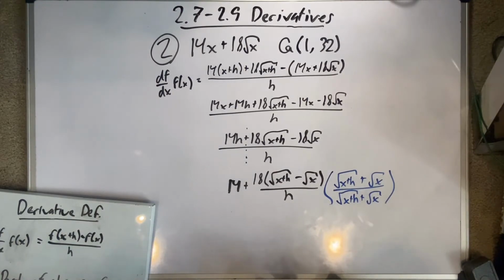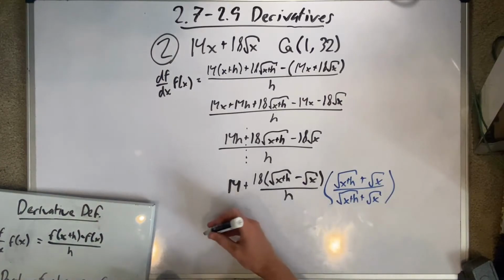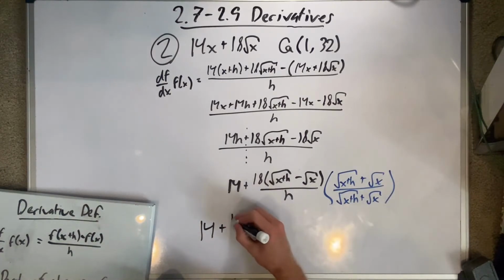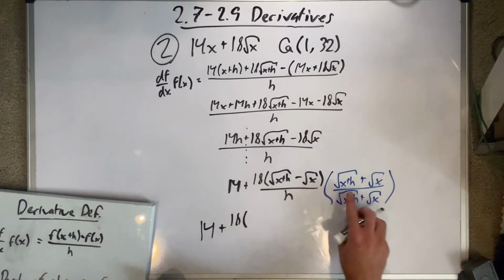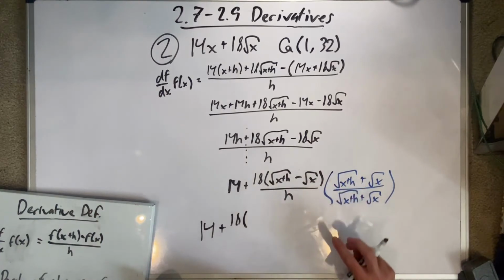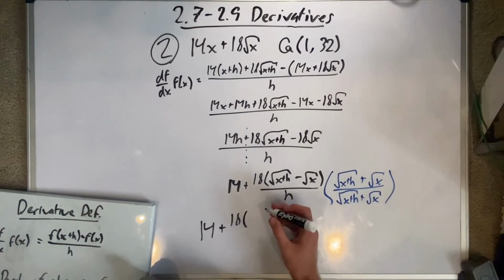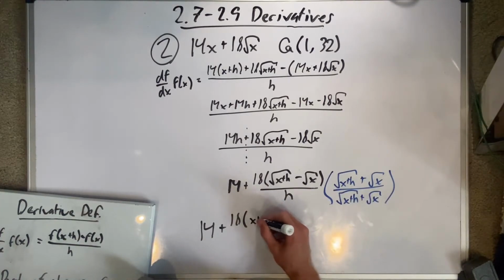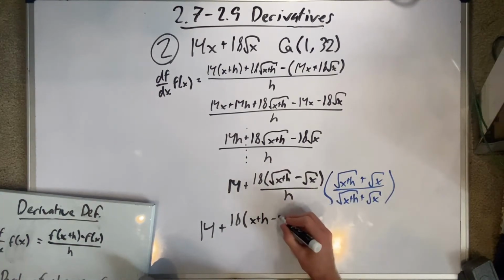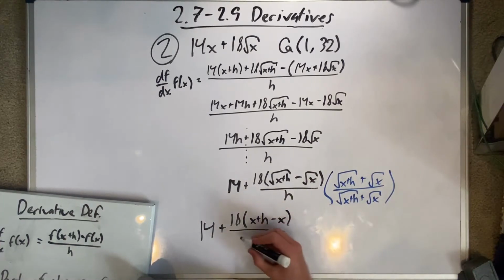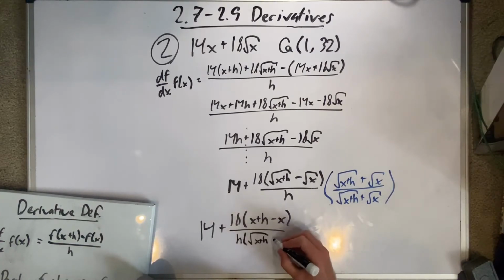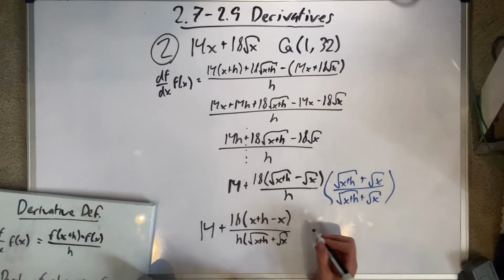So now let's just simplify this down. We'll go 14 plus 18, and then the entire point of doing it the plus is so that we can just multiply these two and those two. So we'll go x plus h minus x, because that's how those distribute, all over h times rad x plus h plus rad x.